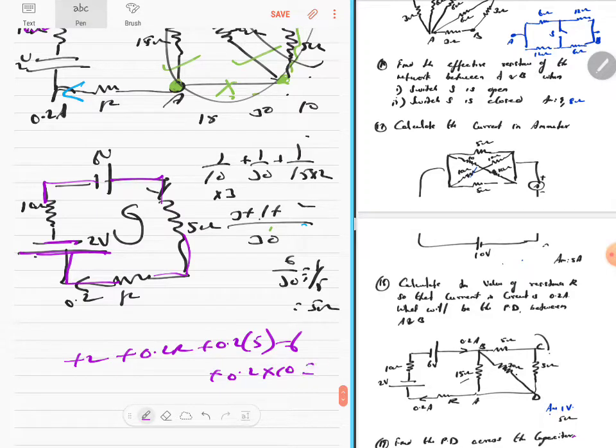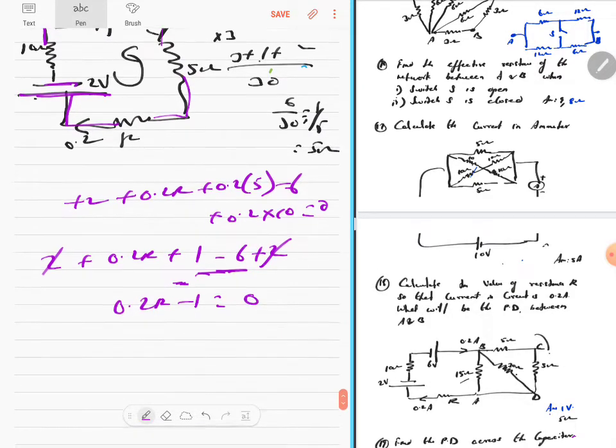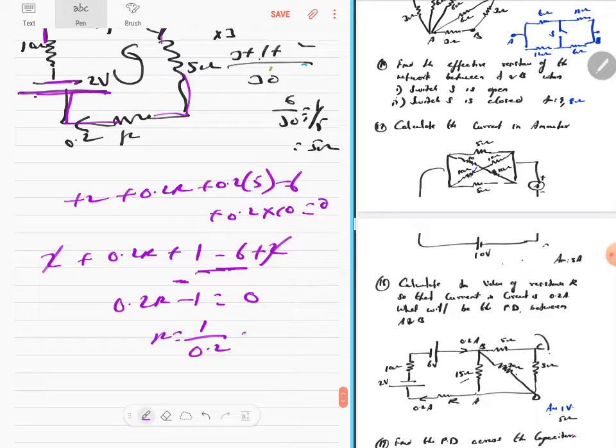Let's calculate: 2 plus 0.2 R plus 1 minus 6 plus 2. 2 and 2 becomes 4, minus 6 means minus 2. Minus 2 plus 1 becomes minus 1. 0.2 R minus 1 is equal to 0. So R is equal to 1 by 0.2, or 10 by 2. So can you say that the unknown resistor is 5 ohms? The unknown resistor itself is 5 ohms.